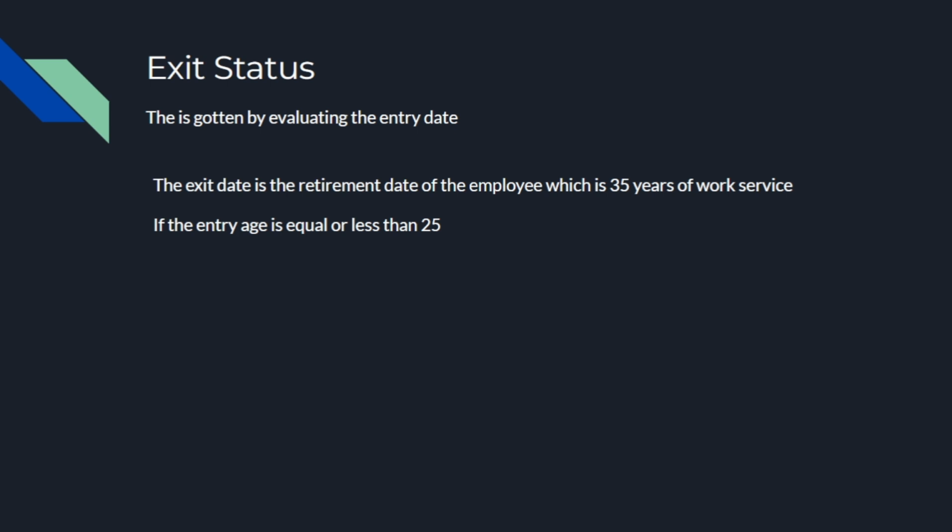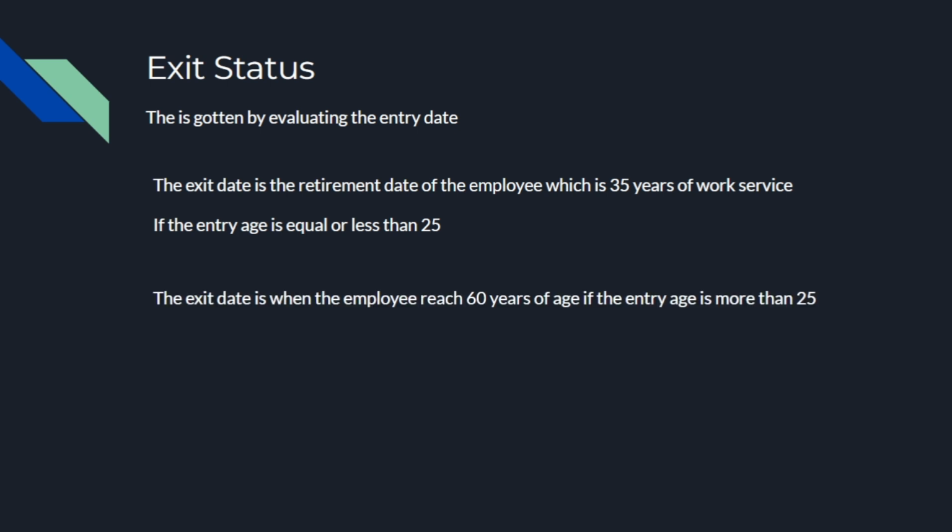That is, if you want to make up to 35 years of work service, the entry age of the employee should be 25 and below. But what if it is 26 and above?